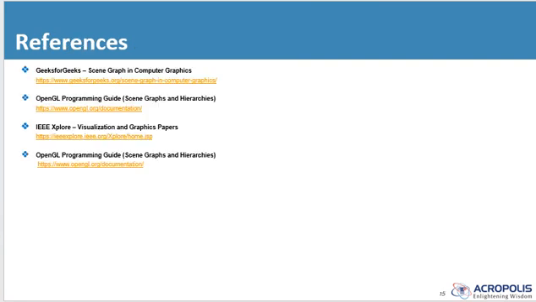Okay, here are the references which were used for creating this presentation. GFG, scene graph in computer graphics. This is an amazing site for exploring scene graphs in computer graphics. Next, we have OpenGL documentation, as we talked about before. This is an amazing documentation for learning more about these data structures.